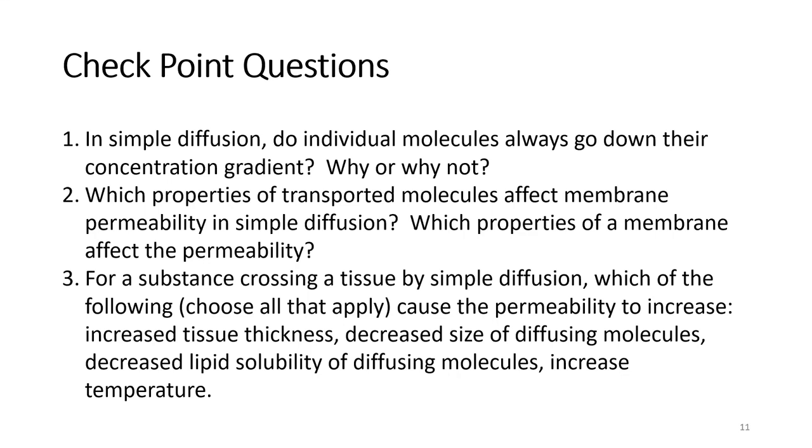So increasing the temperature, while we said that it's not as applicable in our physiology because our temperature is pretty set, in terms of physiologic fact, would certainly increase the permeability for simple diffusion. So the choices that we would select here are decreasing the size of the diffusing molecule and increasing the temperature that would cause an increased permeability.